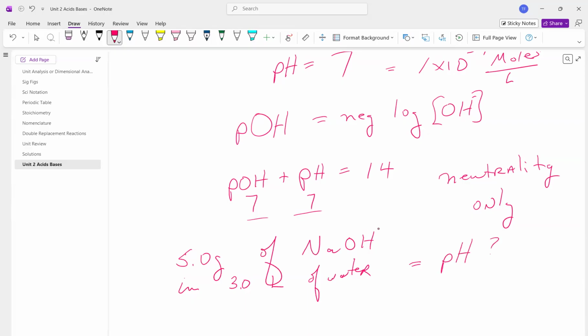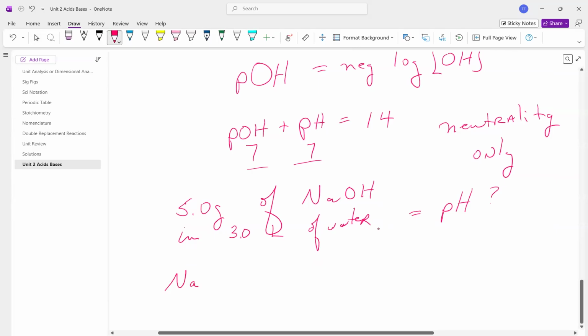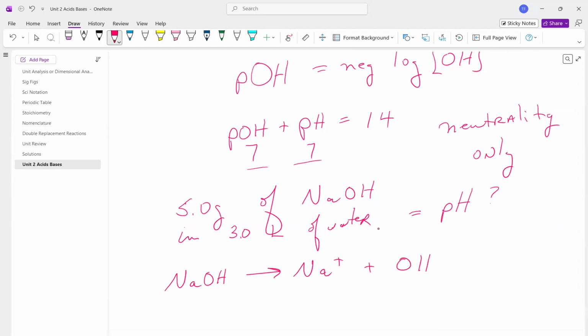Okay, so let's do the reaction. What's pH again? The negative log of the hydrogen ion concentration. Do you see hydrogen there?